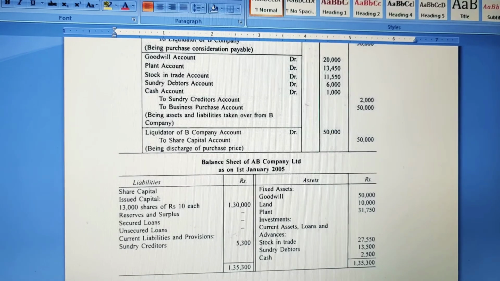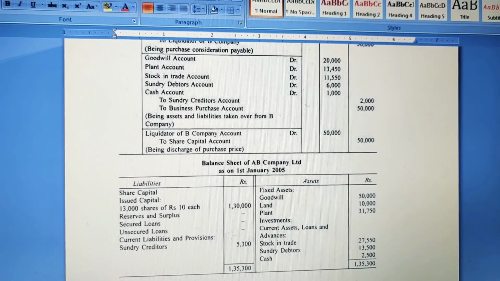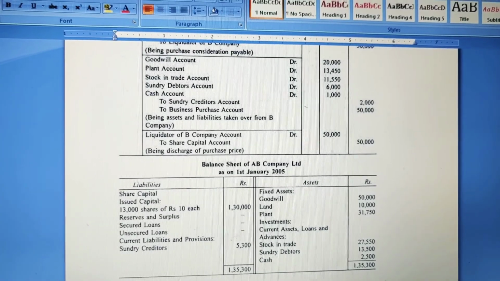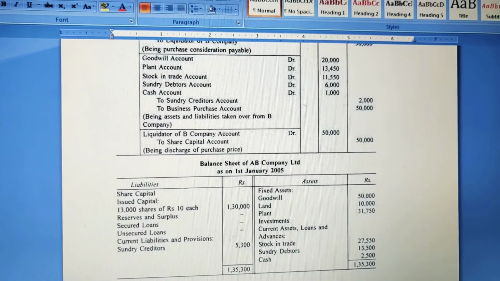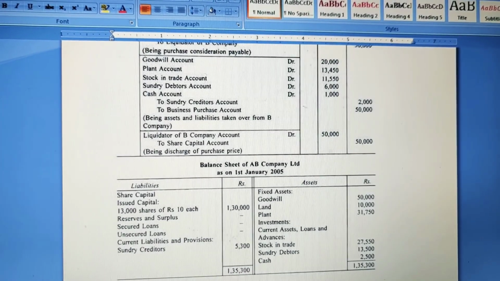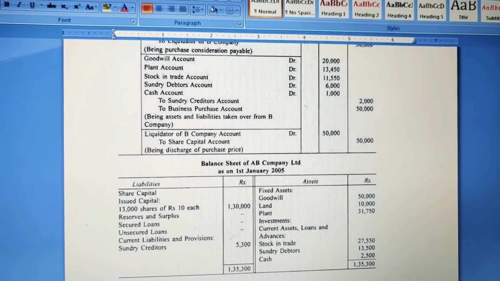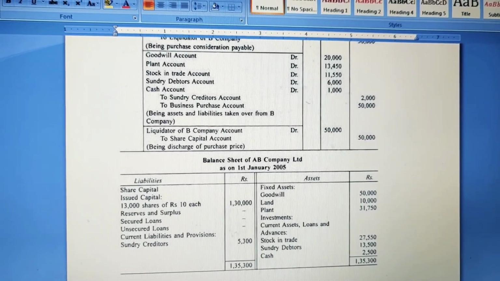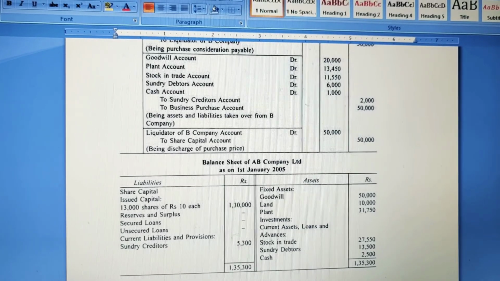Okay, reserves and surplus, nothing. Secured loans, nothing. Unsecured loans, nothing. Obviously reserves and surplus you don't have to credit in your balance sheet, as the reserves and surplus which A company had already belong to their shareholders, and they will not be passed to the AB company.